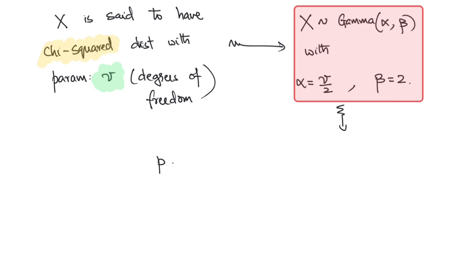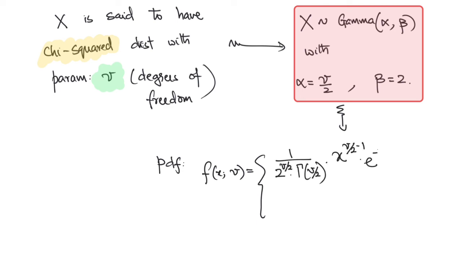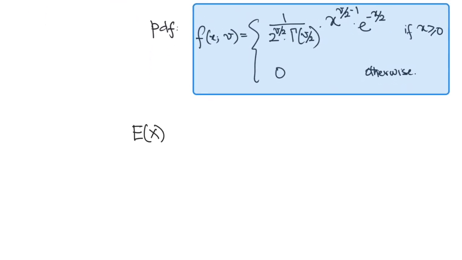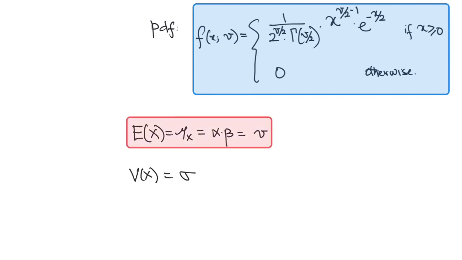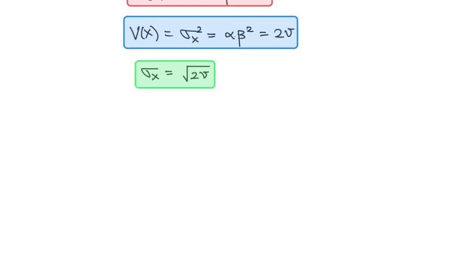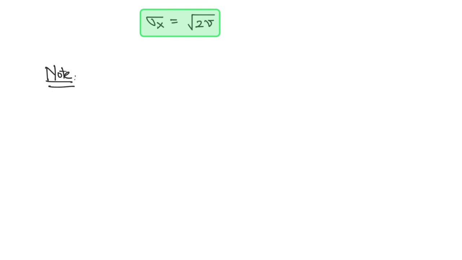Putting these values of alpha and beta into the PDF for the gamma distribution, we get the following formula for the PDF of the chi-squared distribution with parameter nu. And the expected value of the chi-squared distribution can be calculated to be nu. The variance equals 2 times nu, and the standard deviation equals the square root of 2 times nu.